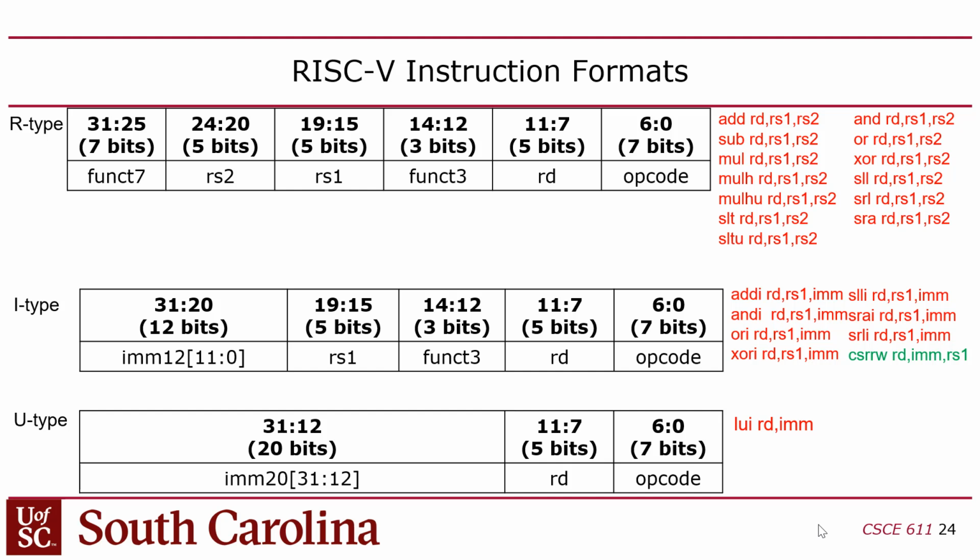Notice that the CSRRW instruction is in the I-type. Why? Because the CSRRW instruction is addressing a coprocessor, I'm thinking MIPS coprocessor. RISC-V calls it control and status register. That control and status register number is in the immediate, which means that you have access to 4,096 coprocessor locations with that instruction, which is pretty decent.